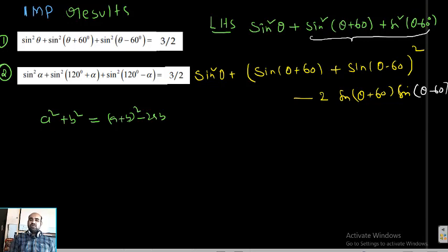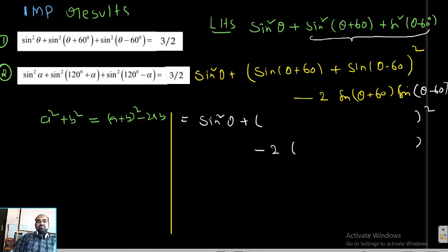Now this is the same as sin square theta plus something square minus 2 into something.